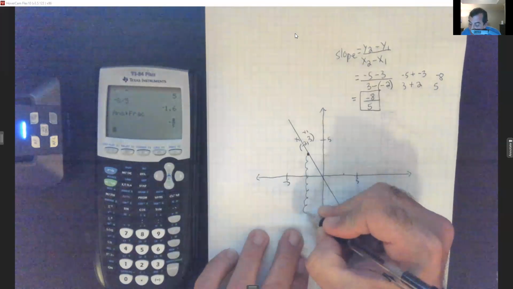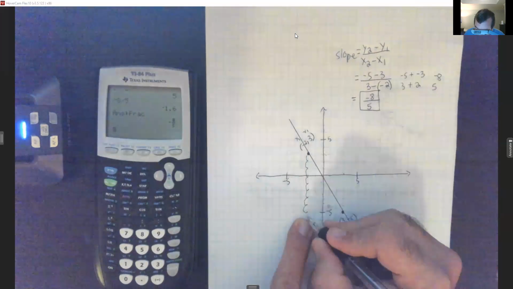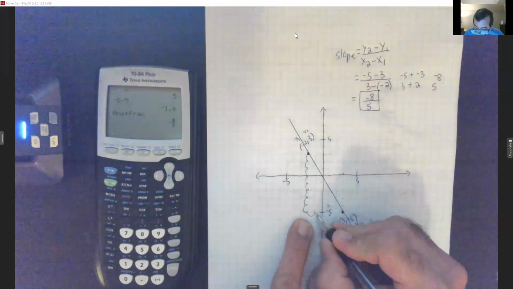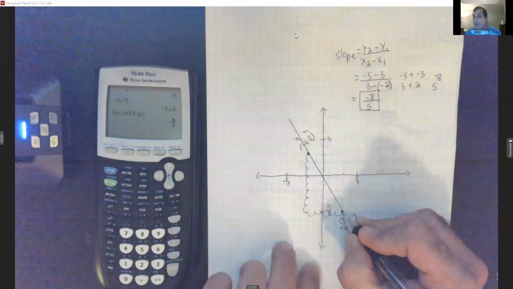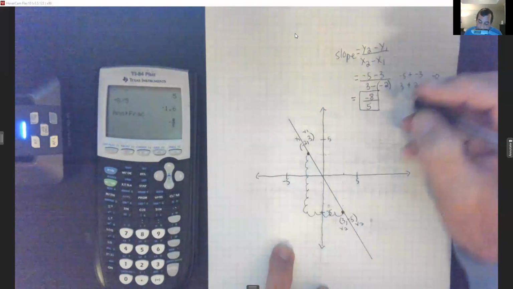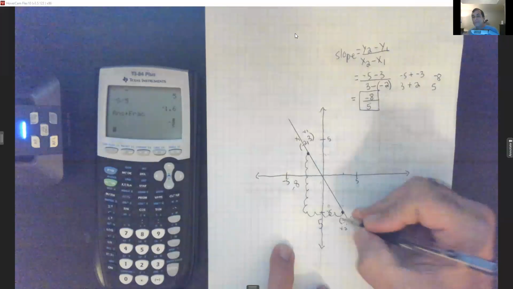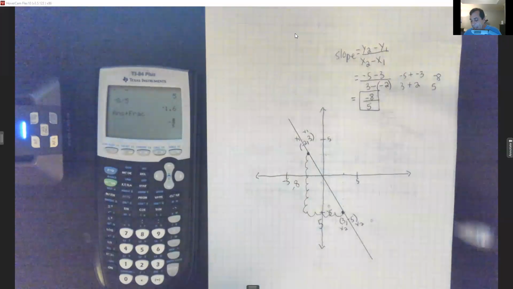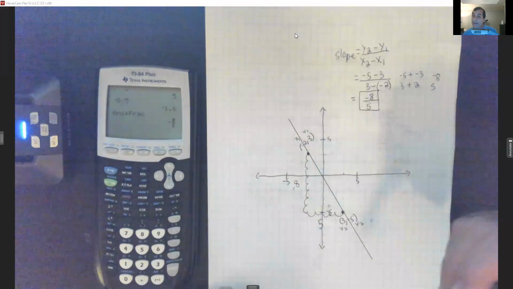And from that 8, since the bottom number is a positive 5, we would move right 1, 2, 3, 4, 5, and we're right on that point. So that's what the slope is telling me, to go down 8 and right 5 to get to that next point. I like this, being able to use these points to get that slope, it's a nice thing in math, okay?